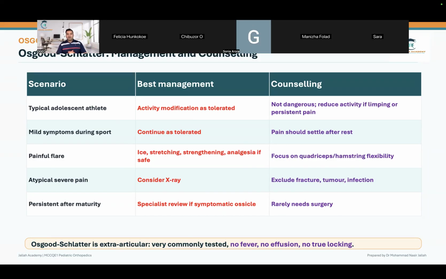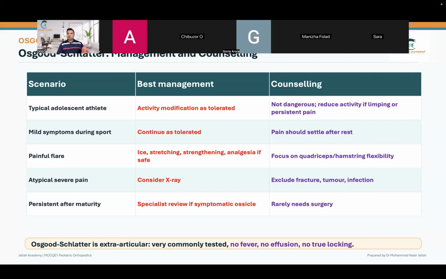For the flare, you use, for example, ice, stretching, strengthening, analgesics if safe. Focus on quadriceps and hamstring flexibility, which we do for patellofemoral syndrome as well. Atypical severe pain, if it is atypical but severe, which in this case usually it is not severe.